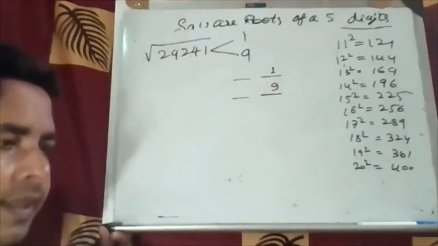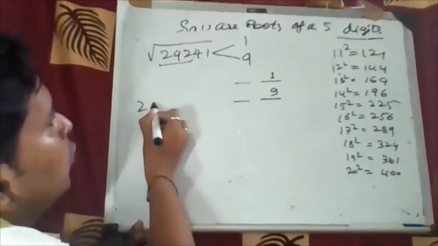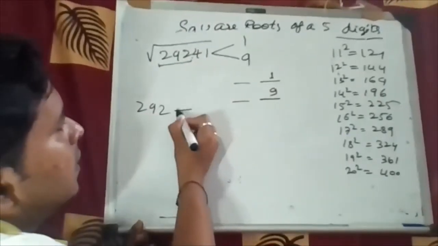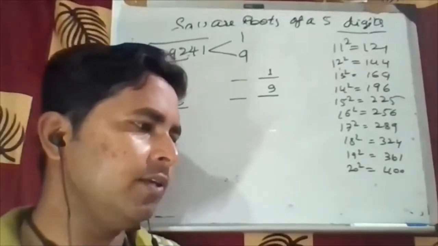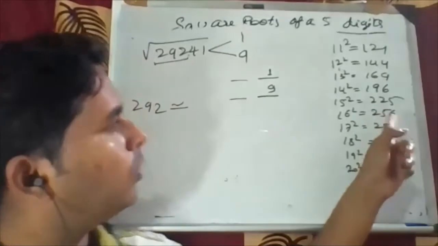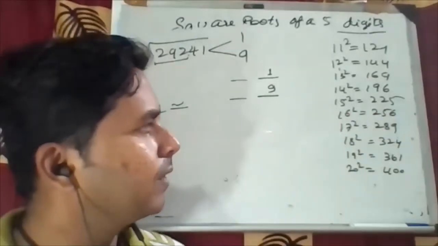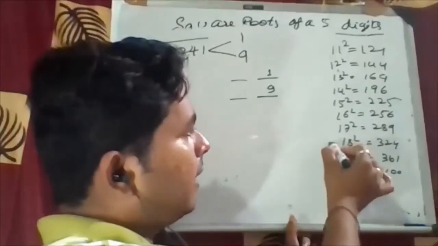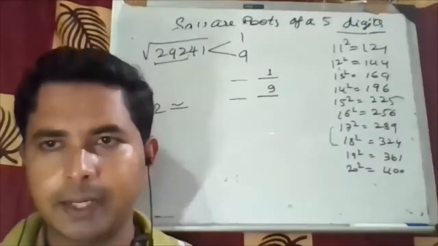Then consider 292. So 292 is near to what? If you take 17 and 18, 292 lies between 17 and 18.